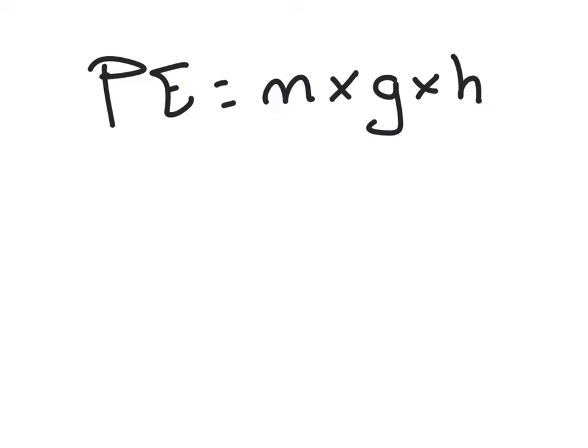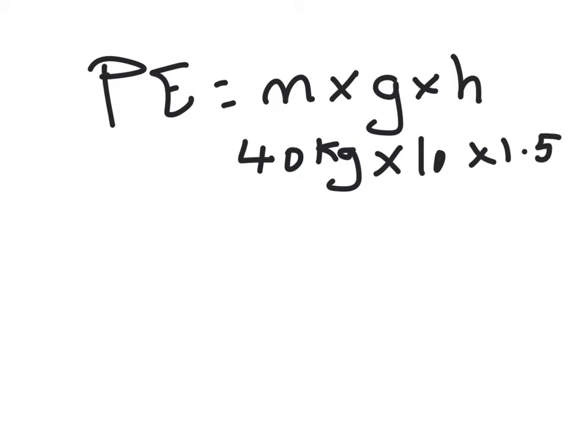So what is the mass? 40 kilograms. What is gravity? 10. What is the height? The height is 1.5. So multiply 40 times 10 times 1.5. You're going to end up with 600 joules.